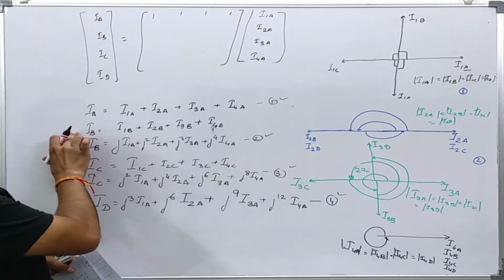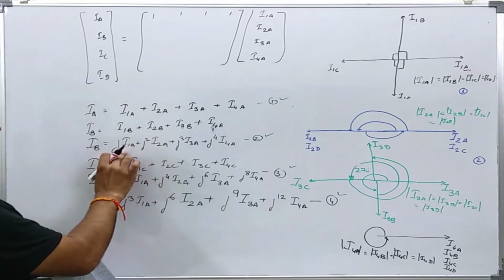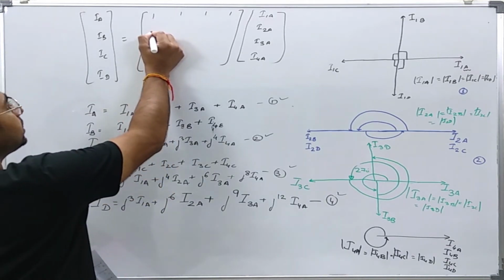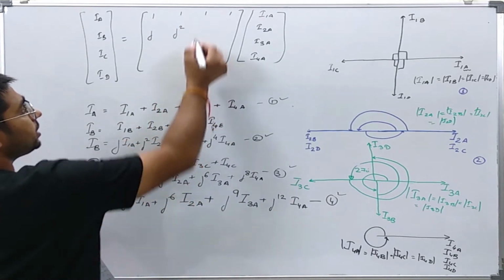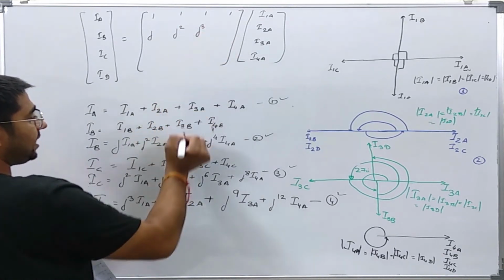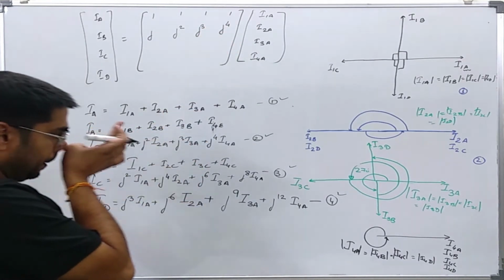Now writing the IB, it is simply J times I1A, J square times I2A, J cube times I3A and J4 times I4A.